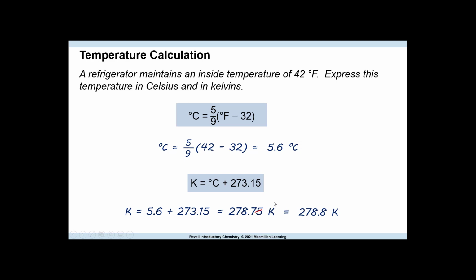It gets kicked out, and our answer is 278.8 Kelvin. Sorry, there's no degrees. So when you do addition and subtraction, the same rules apply: you line up the decimals and then take the value with the smallest number of digits next to the decimal point.